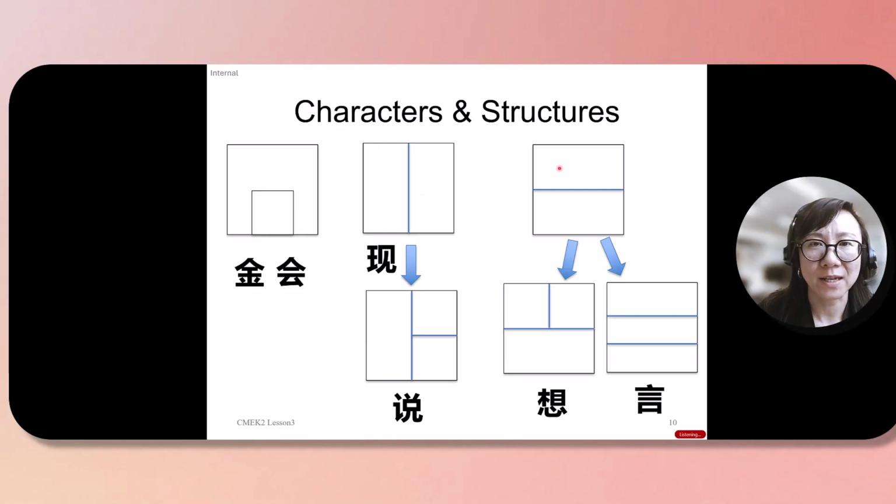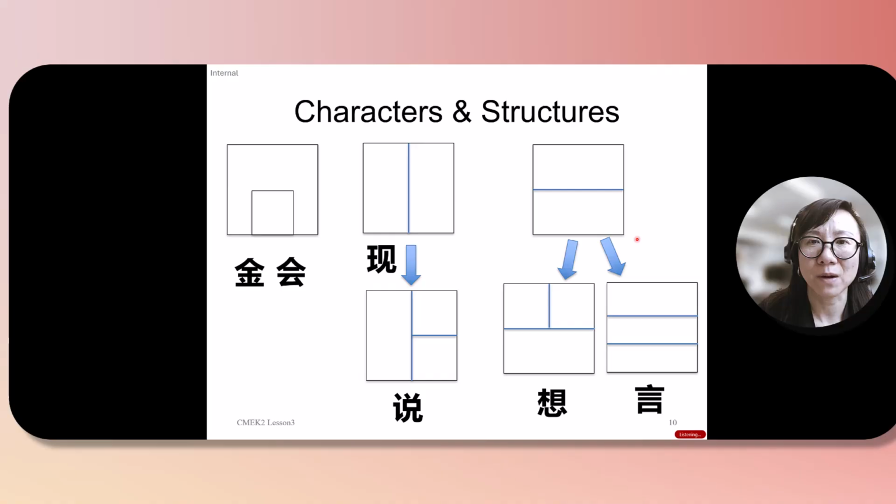The third structure is the up and down structure. A further variation of this structure is that we can divide the upper part into 2 sections. And again, according to our left to right, up to down writing sequence, we start with the upper left section, and then the second one is the upper right section, and then we complete the bottom section.